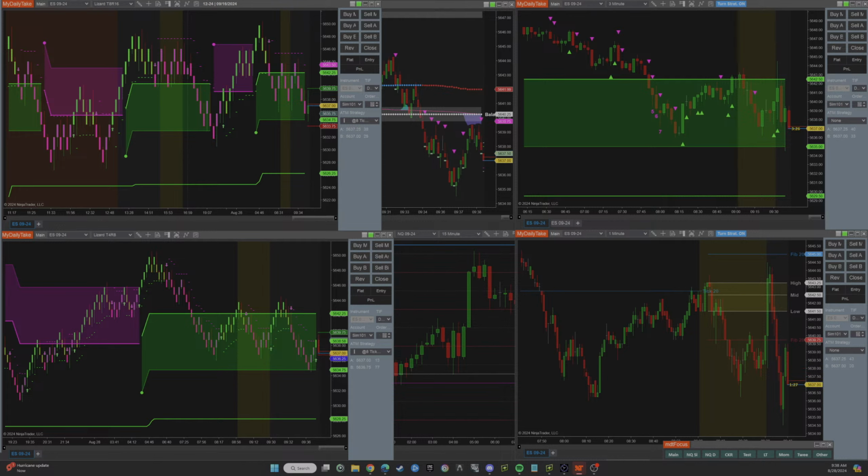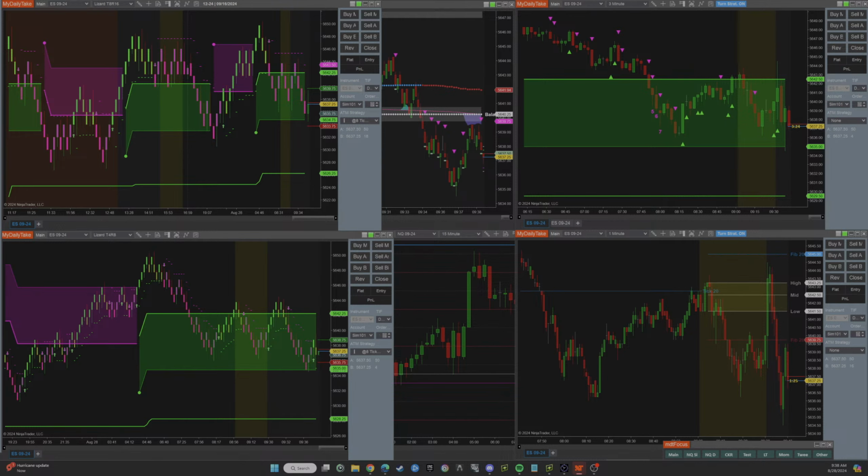If we get below 96, I think this thing has some downwards movement on it.